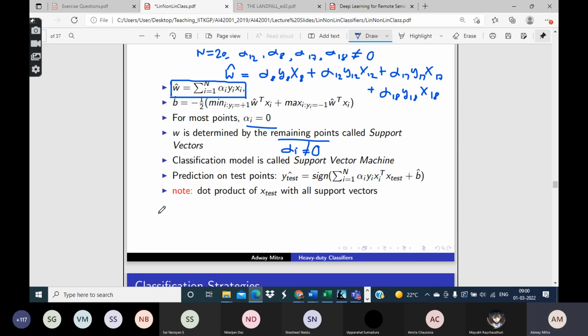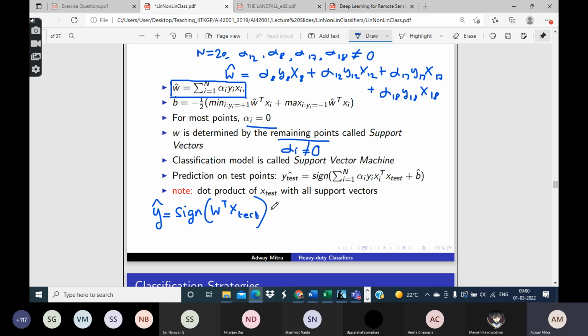In the normal way we do the testing like this: W transpose X test. Correct. But what is W? W, as we know, is this thing.